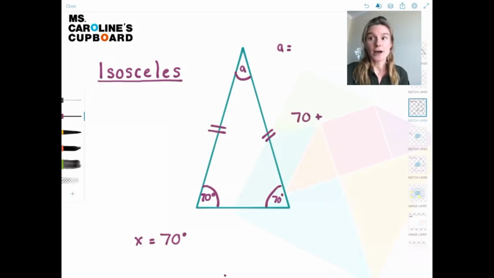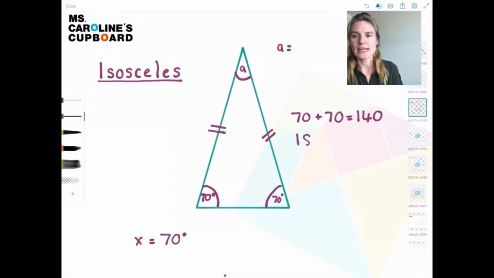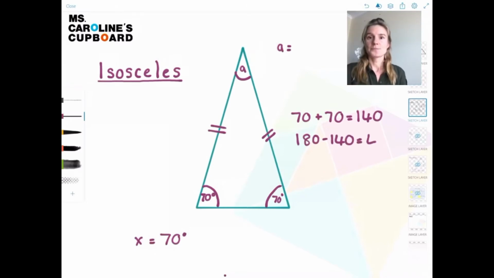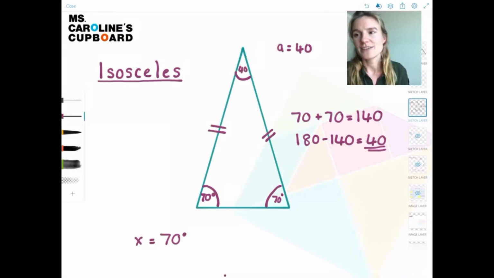We can add it up. 70 plus 70, what does that make? 7 plus 7, 14 plus 0. 140. We've got 180 minus 140 is what? It's 40. So we know that our last angle, angle A, equals 40 degrees. So 70 plus 70 plus 40 would give us 180 degrees. Always has to make 180 degrees for the inside of the triangle.